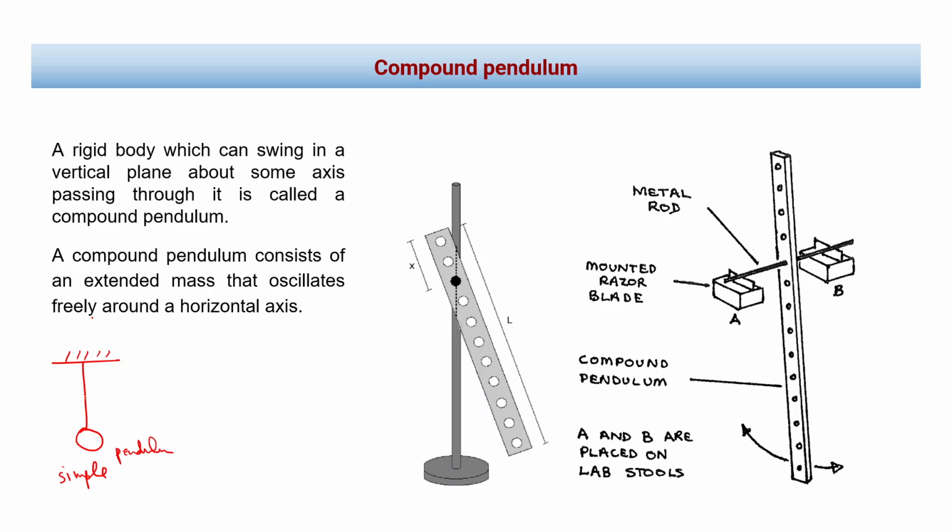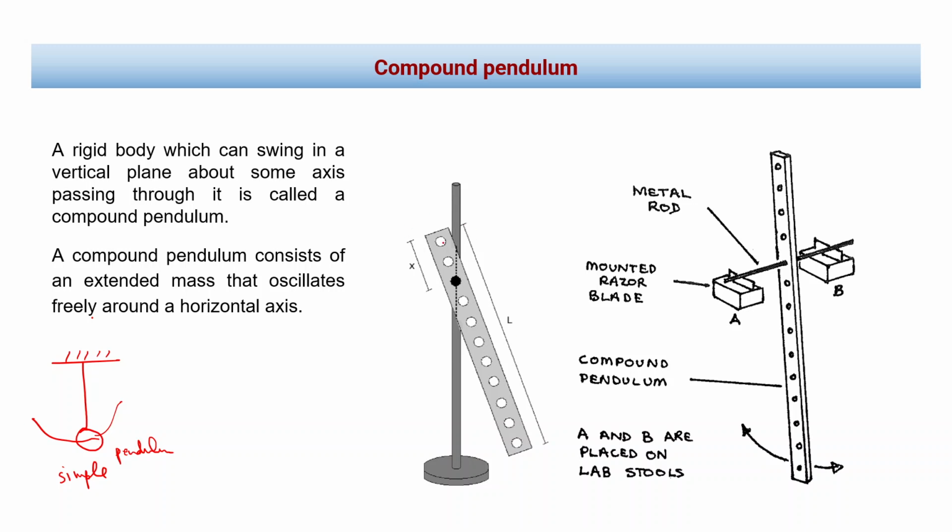In this kind of pendulum, all the mass of the system is at one end. This fixed end is not part of the pendulum. The thread and the bob are the part of the pendulum, and all the mass is at one end. So when the motion is happening, all the mass is under this motion.